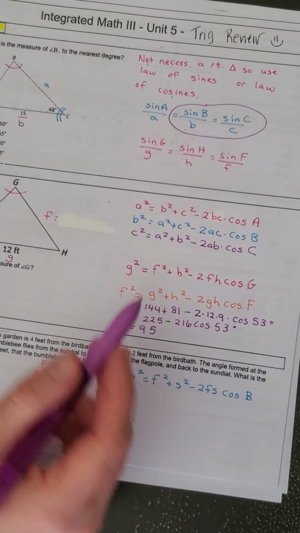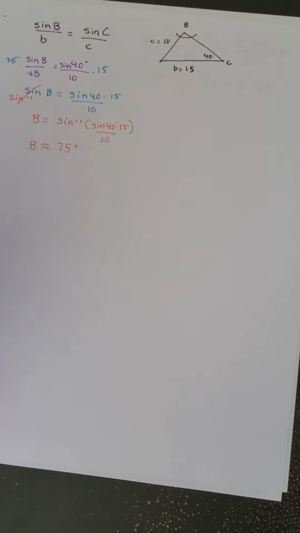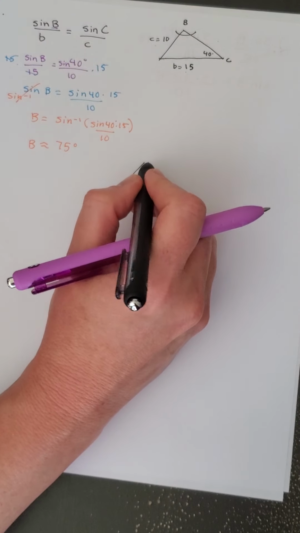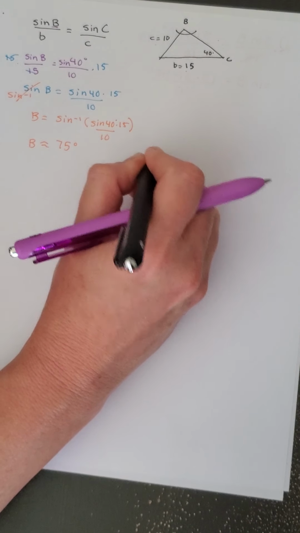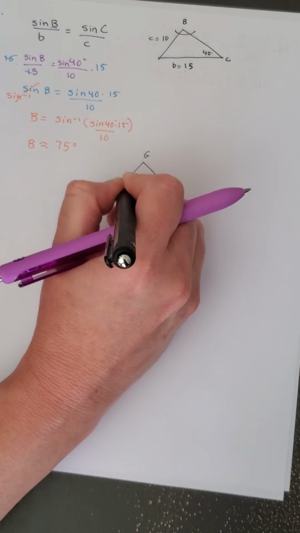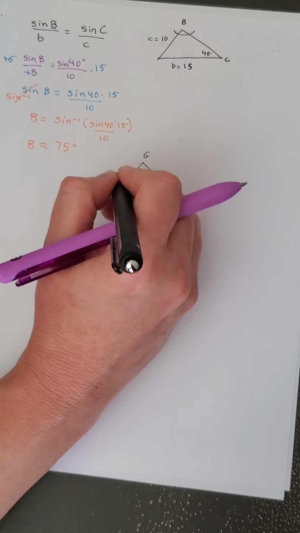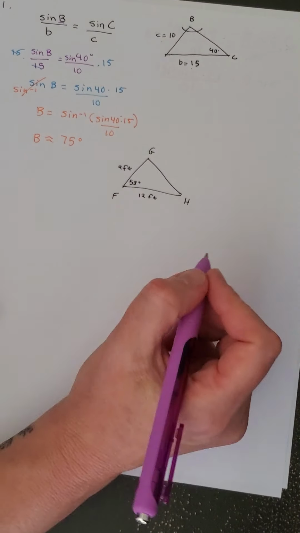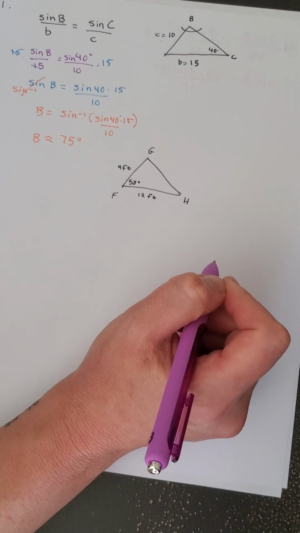So instead, I'm going to use law of cosines. I'll sketch my picture. There's no way to find G directly. We just don't have enough information.